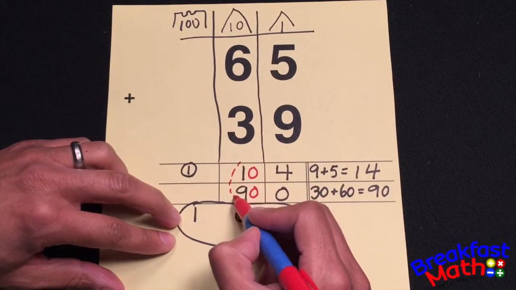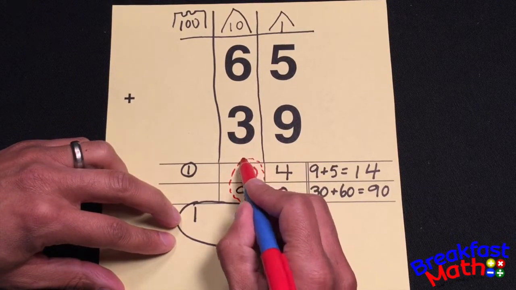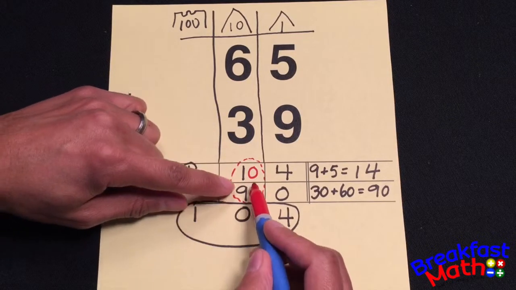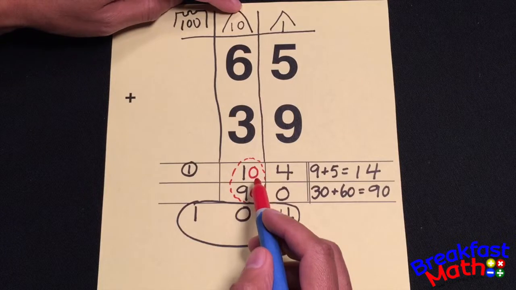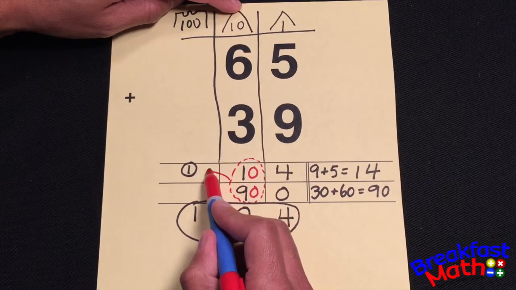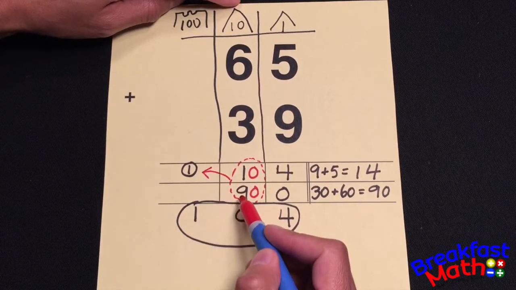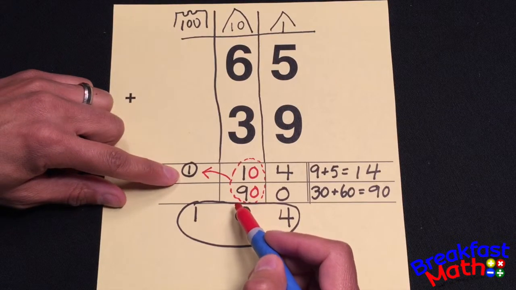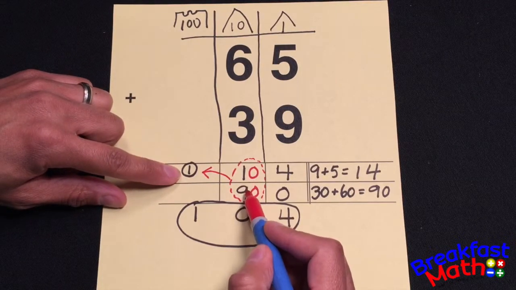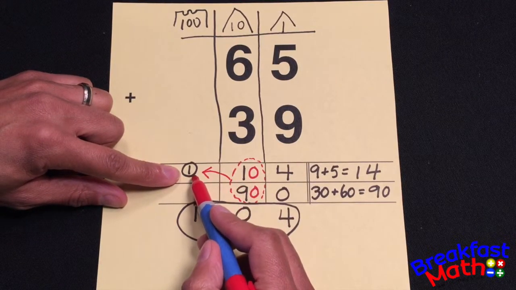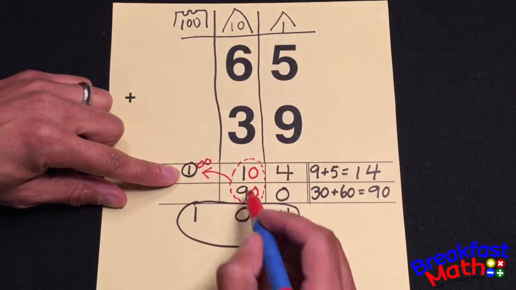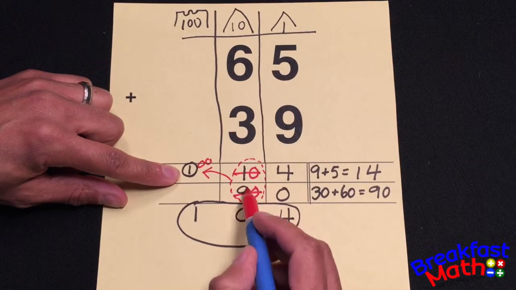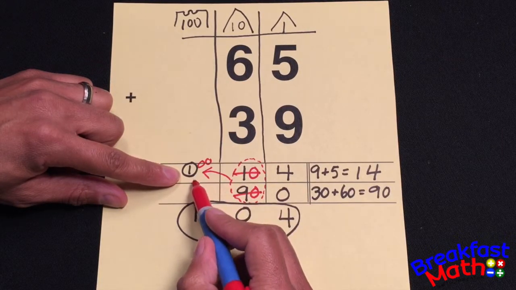100. Let's go ahead and put a dotted line here. Well, 100 cannot be in the tens house. So we actually had to regroup the 100 and put it in the hundreds house. So as you can see, this 1 is really 10 plus 90 regrouped into the hundreds house. So the 1 is really 100. And we can basically cross this out because we just put it over here in the hundreds house.